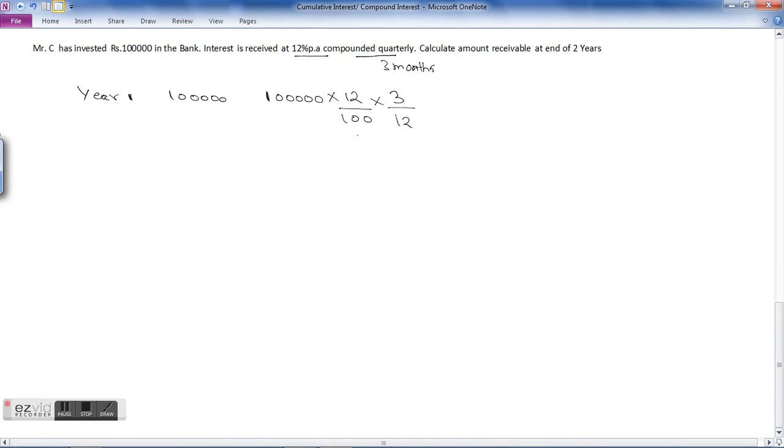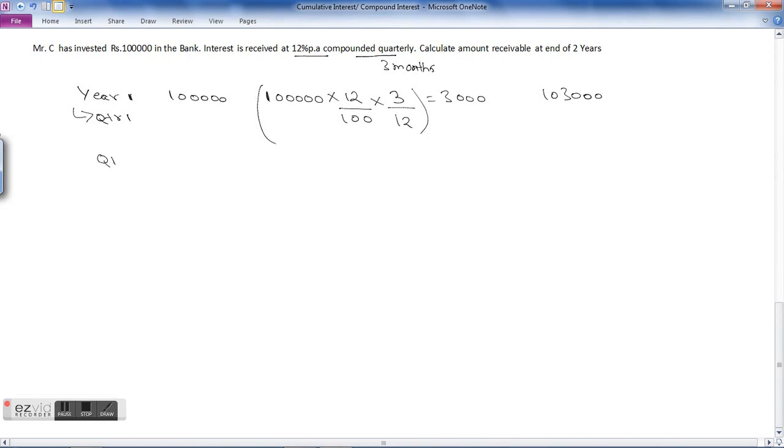So after every quarter, you will receive the interest on interest plus principal, correct? So 1 lakh into 12 by 100 into 3 by 12, so that comes to how much? 3000. Now this is at the end of your quarter 1 in year 1, right?